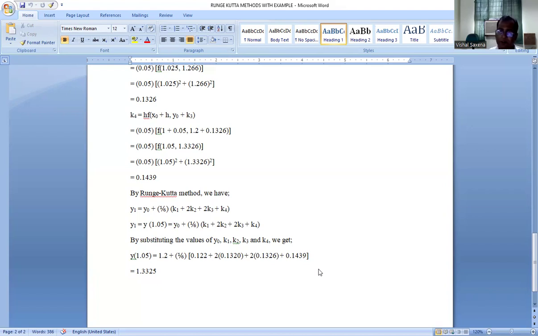We can also solve these equations along with other methods like the shooting method. This is an important method, and it gives a very accurate solution. So this method should be used for differential equations.